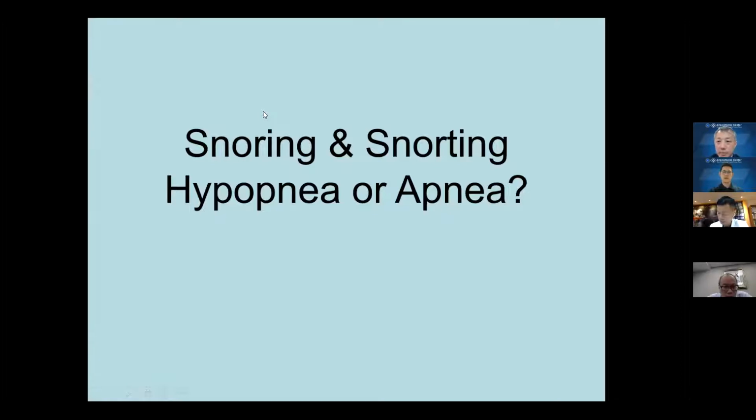That means apnea. And then suddenly the patient could wake up and have the pharyngeal airway reopen. So you can have a loud snoring or snorting after a long apnea. That's how we differentiate hypopnea and apnea by their breathing sounds.